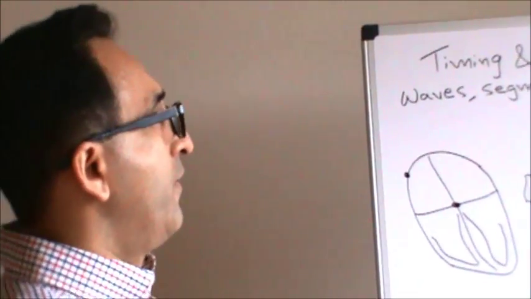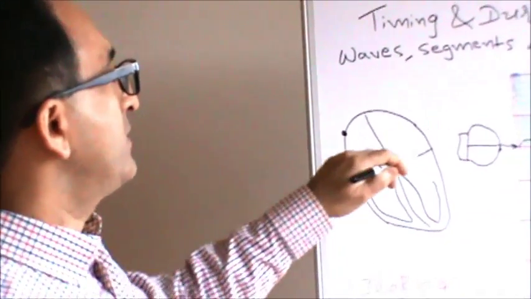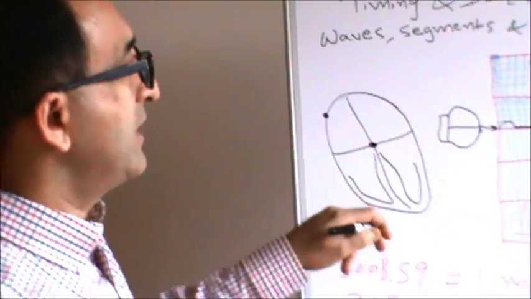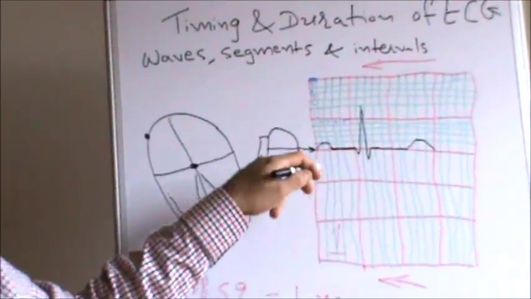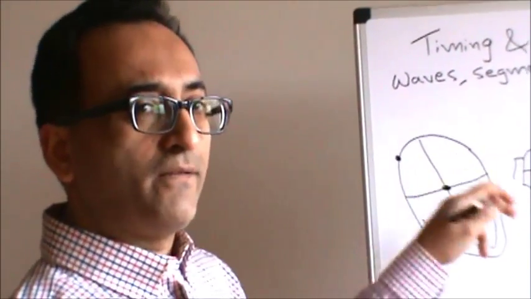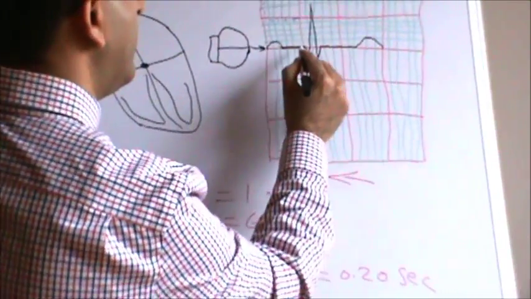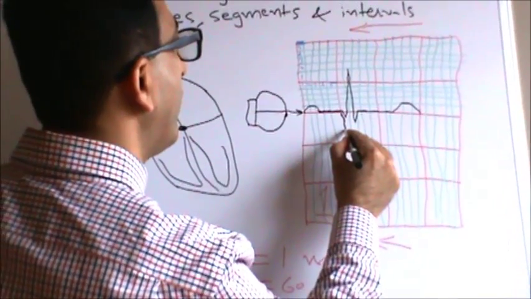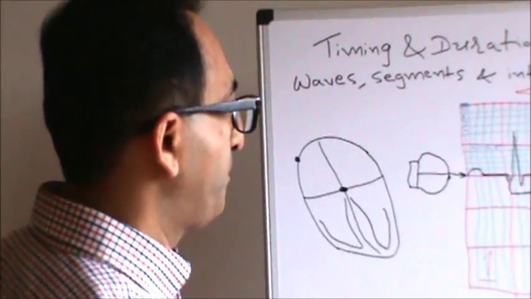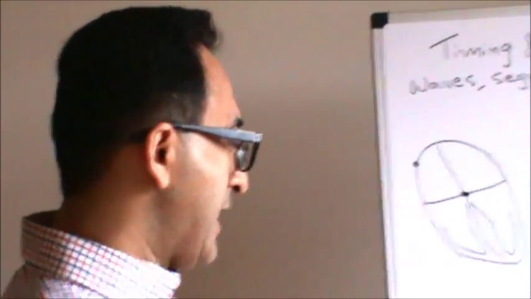The septal, the major, or the basal depolarization of the entire ventricle, plus then the repolarization, starts and ends at the T wave. That entire cycle, from depolarization up to repolarization, gets reflected via the QT interval that you know starts from here up to here. Okay, so that's the QT interval.